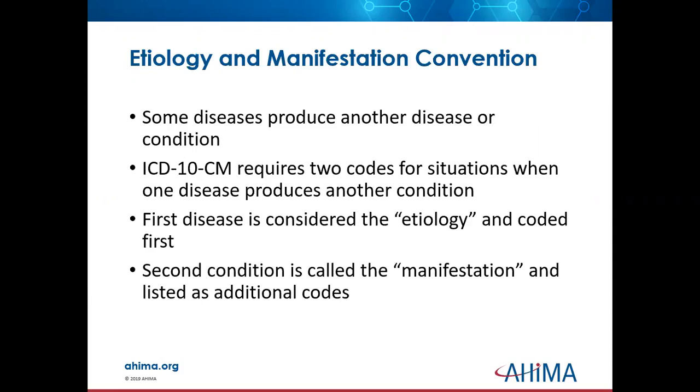So ICD-10 will require these two codes, and these are as follows. The disease that's considered the etiology is coded first. The second code, which is the manifestation or results from the first code, is listed as an additional code.